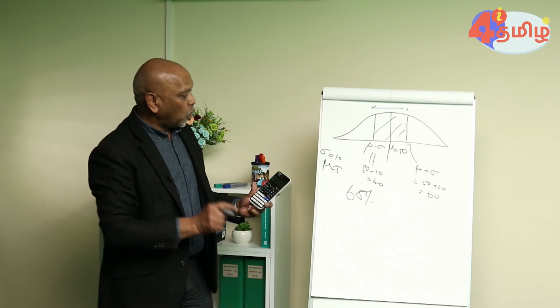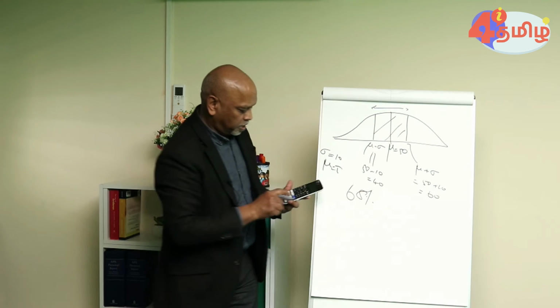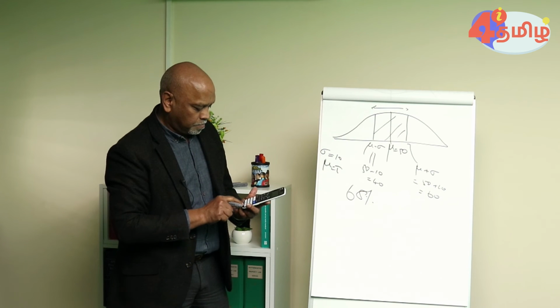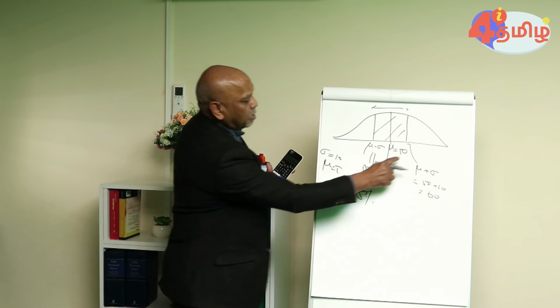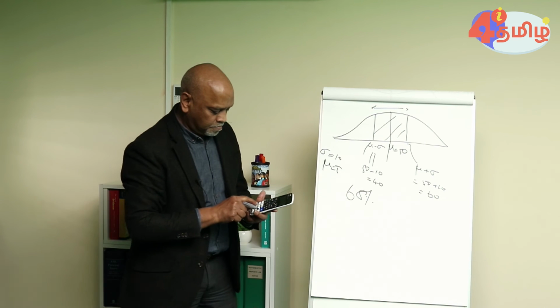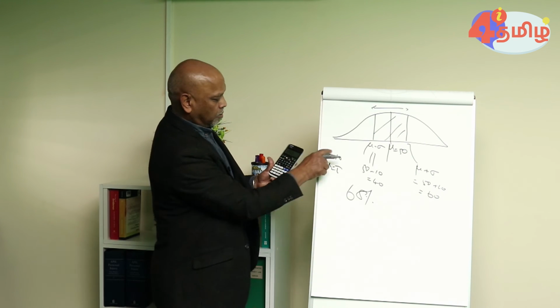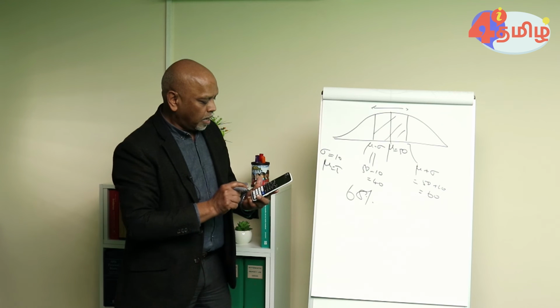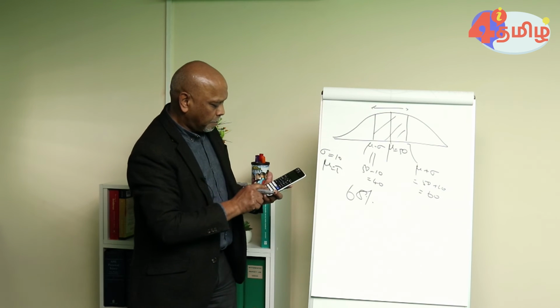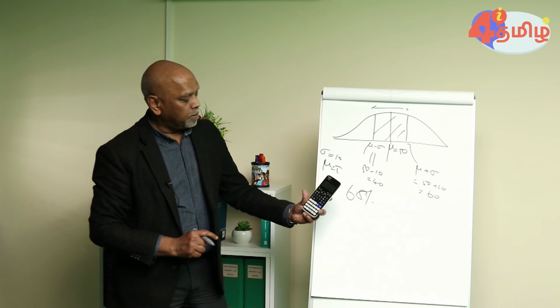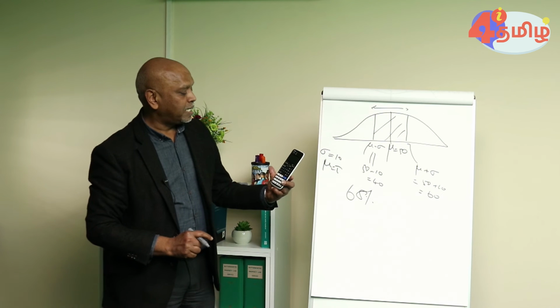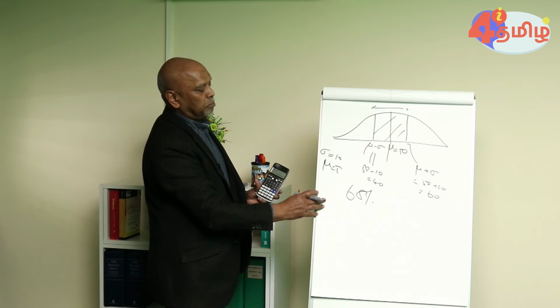Lower, this side, is 40. Upper is 60. Standard deviation is 10, we started with 10, and mu is 50. The answer is 68.26, roughly about 68%.